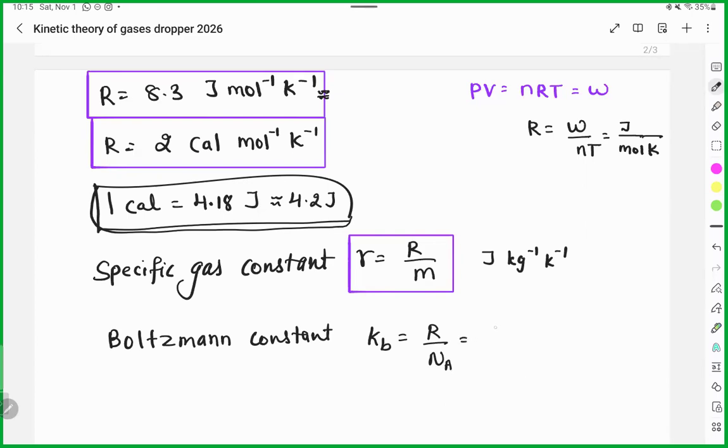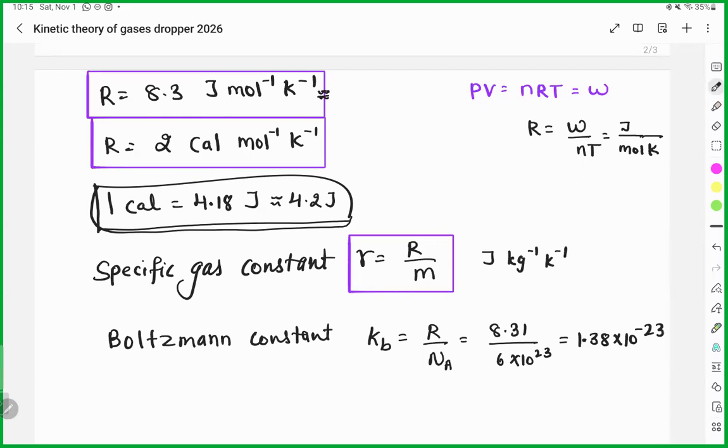So what is the R value? It is 8.31. Avogadro value 6 into 10 raised to power 23. So what should be the answer? 1.38 into 10 raised to power minus 23. Correct? So don't remember KB value. Always just understand the Boltzmann constant is the gas constant divided by Avogadro number.